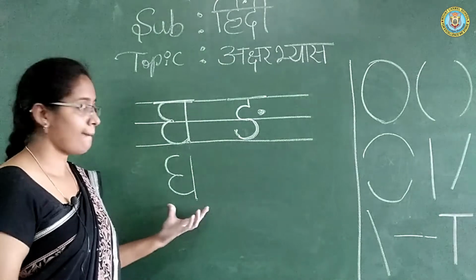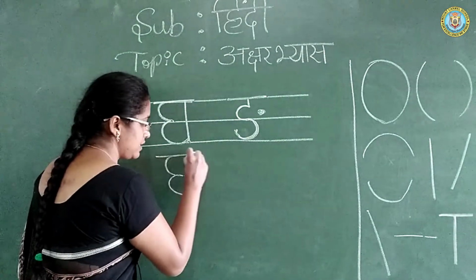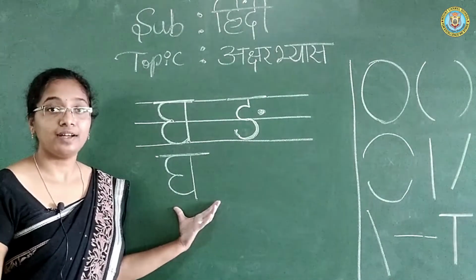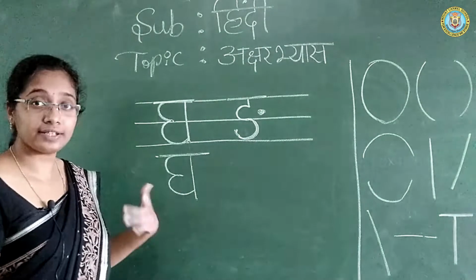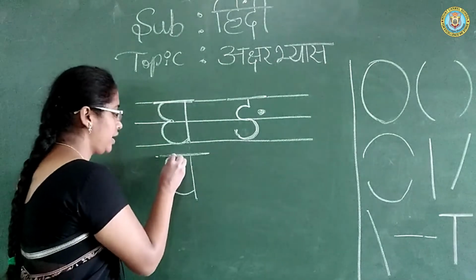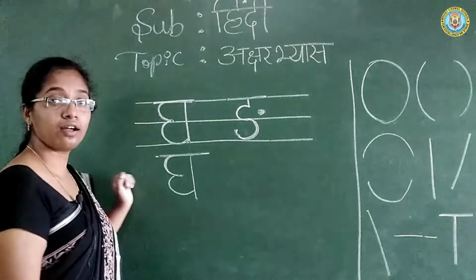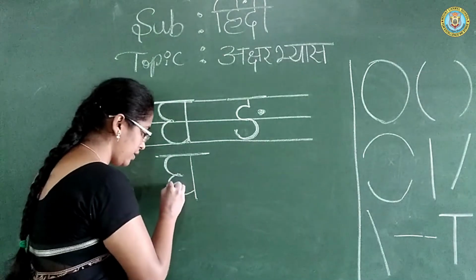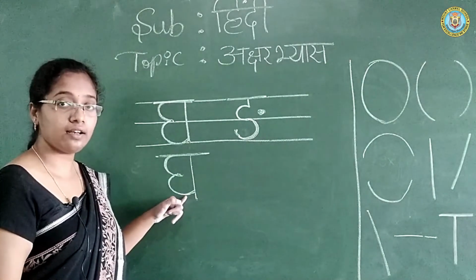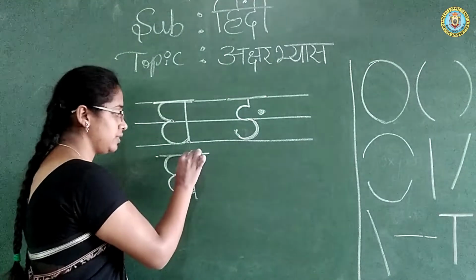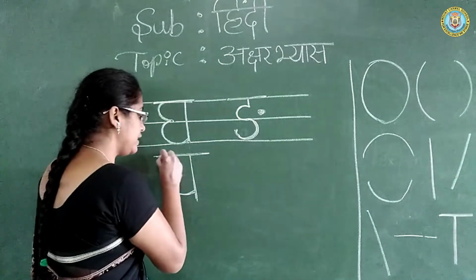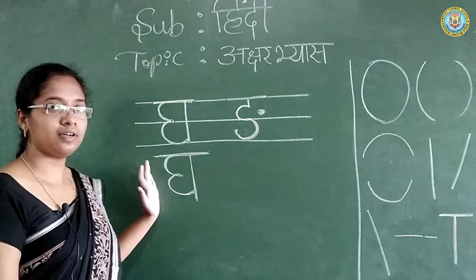After that, the sleeping stroke. This becomes gha. Now let's do it once again. Everybody write again. Left curve, another left curve. This second left curve should touch the standing stroke, and the sleeping stroke. Then it becomes gha.